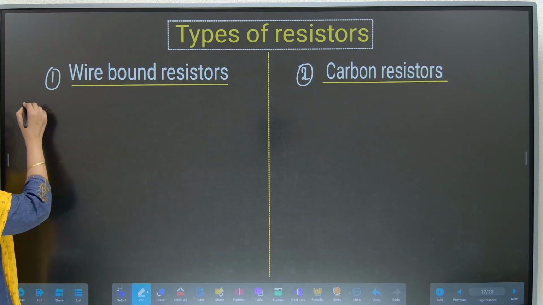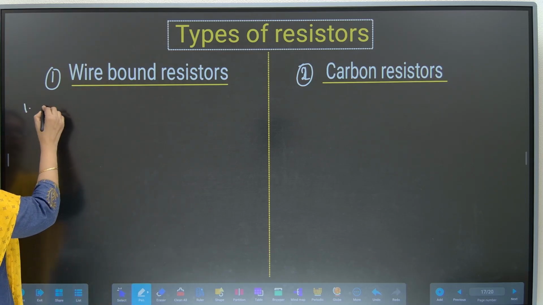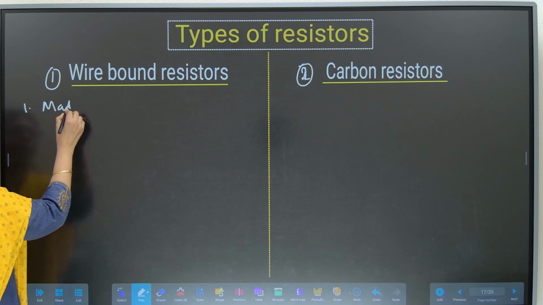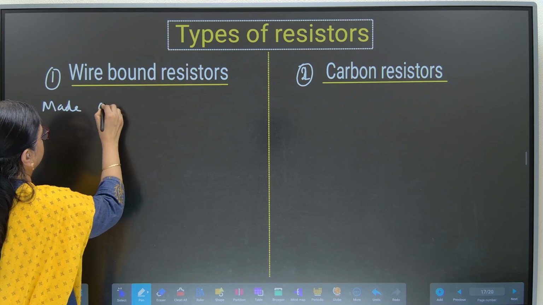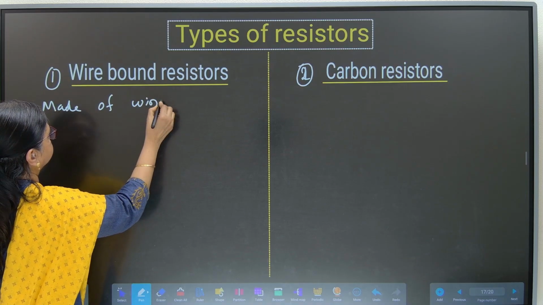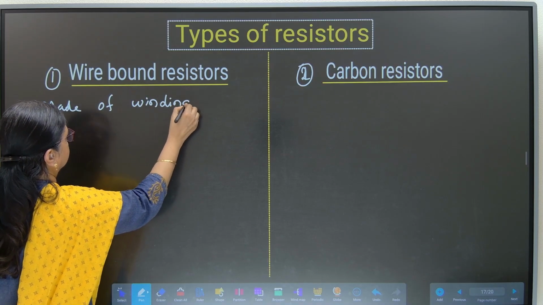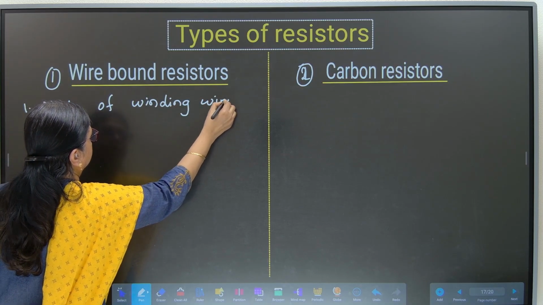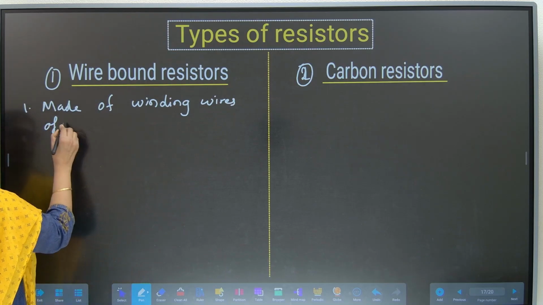Now, wire bound resistors are made by winding wires of alloys.